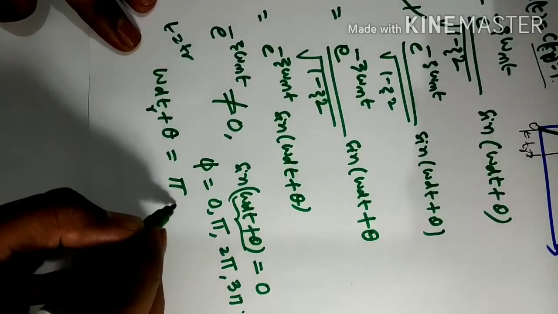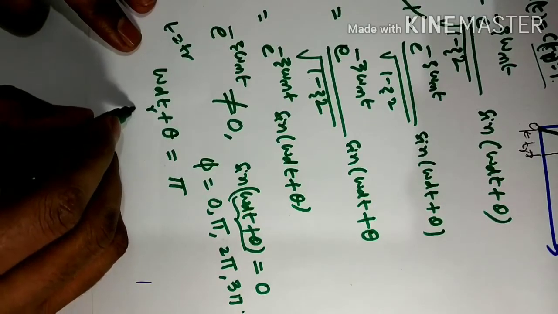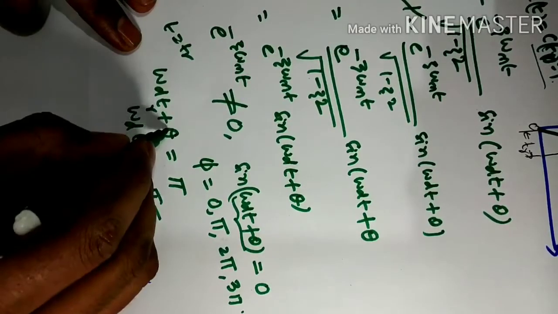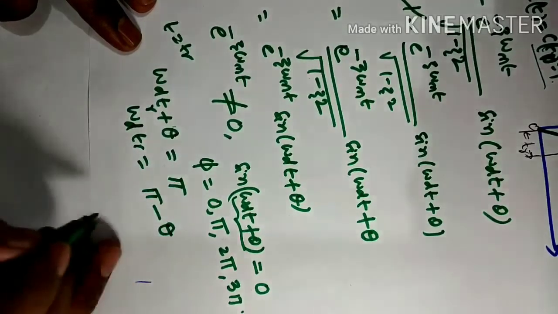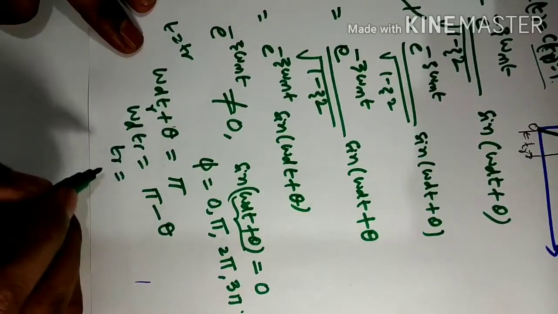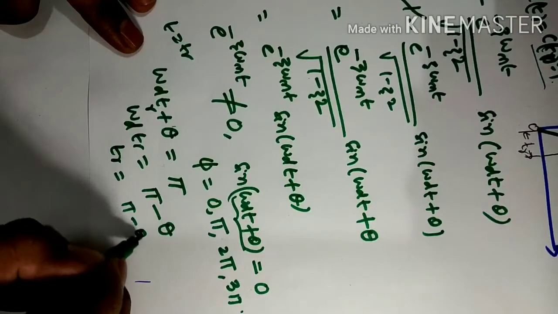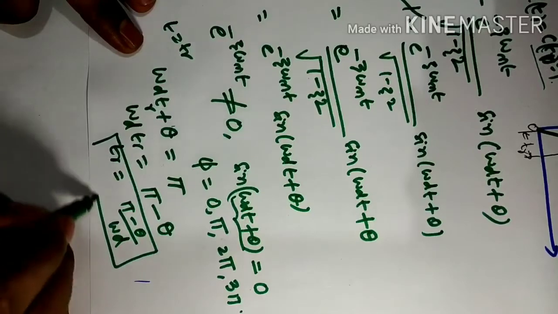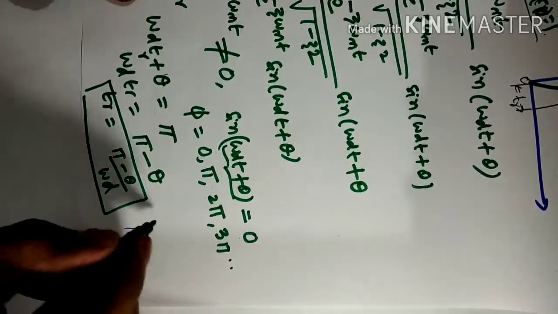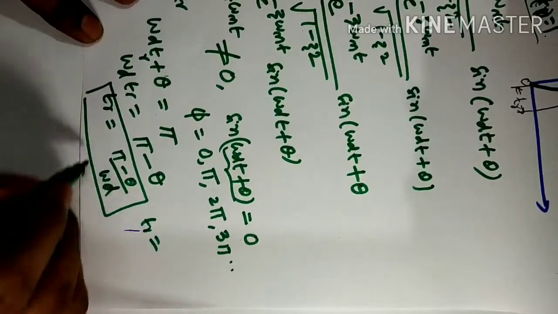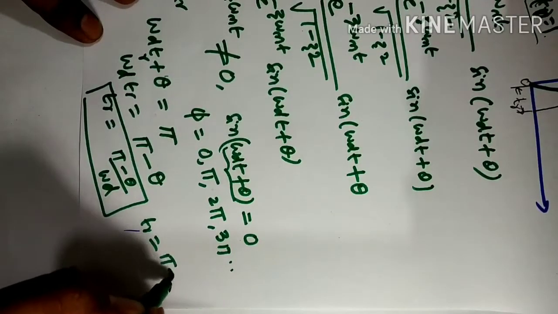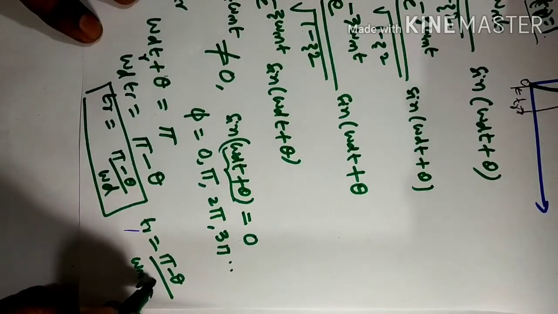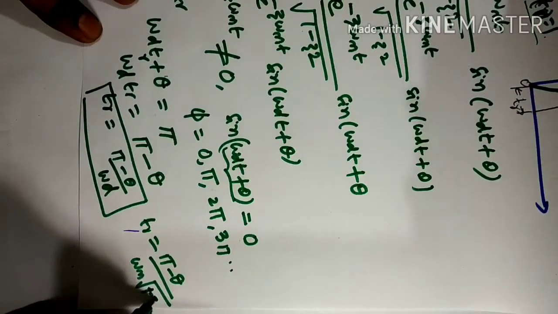So omega d t is equal to pi minus theta, if theta is brought to that side. So tr is equal to pi minus theta by omega d. This is the rise time expression. Here omega d means omega n root of 1 minus zeta square.